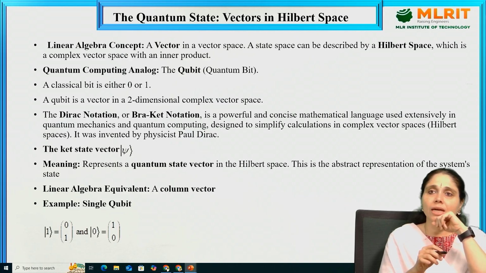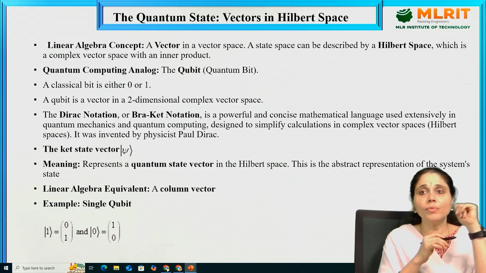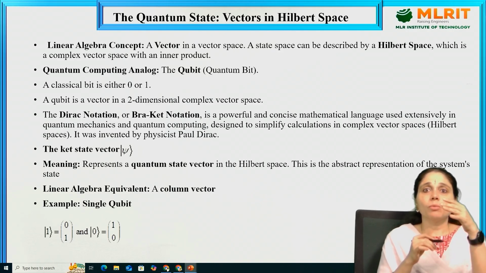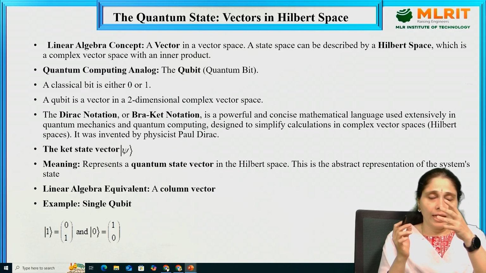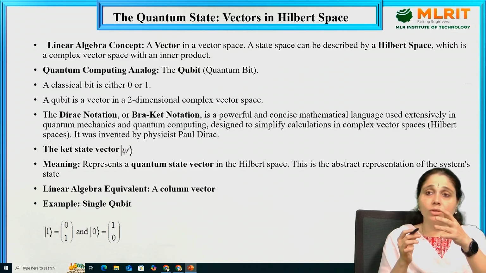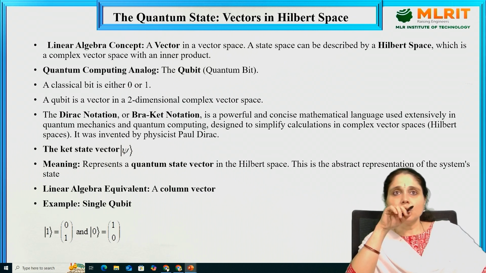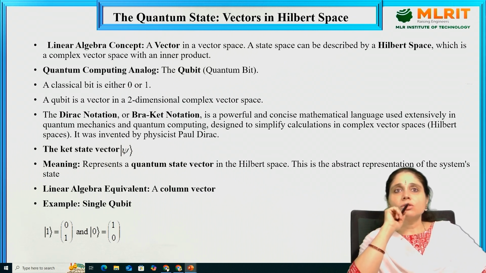We have studied it in physics and also in mathematics, right? According to physics, a vector has both direction and magnitude. So here also we are using the physical meaning of a vector. The linear algebra concept is a vector in a vector space.